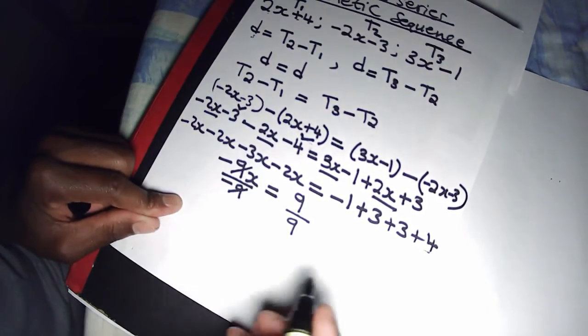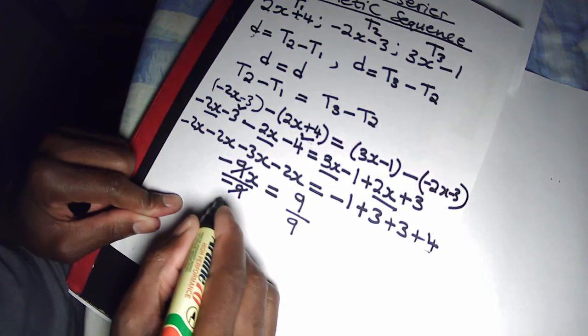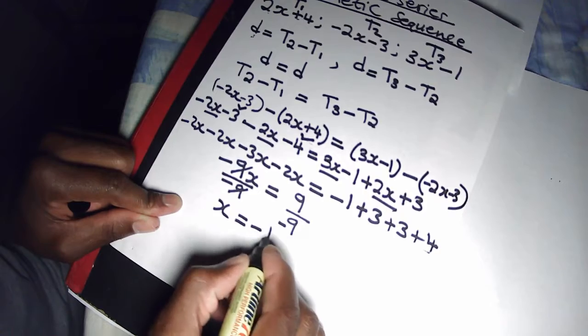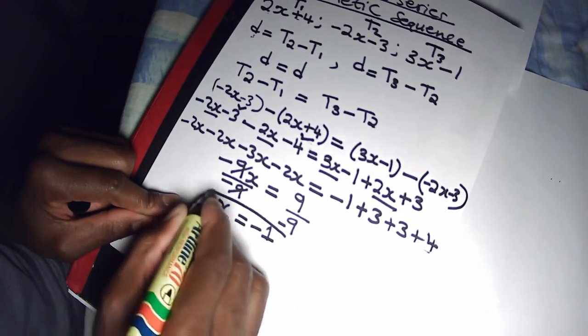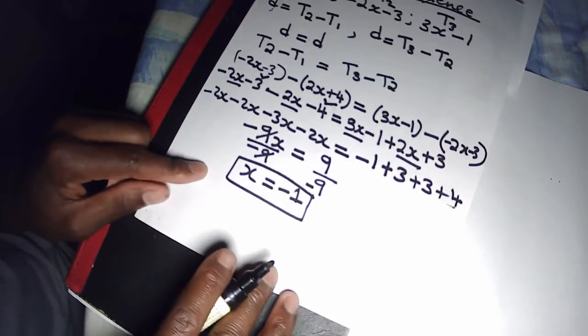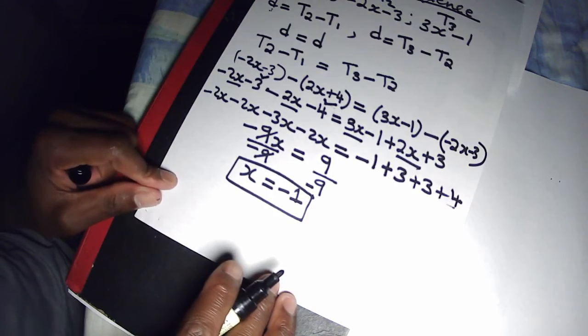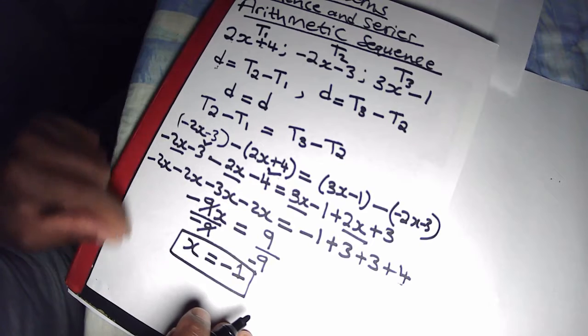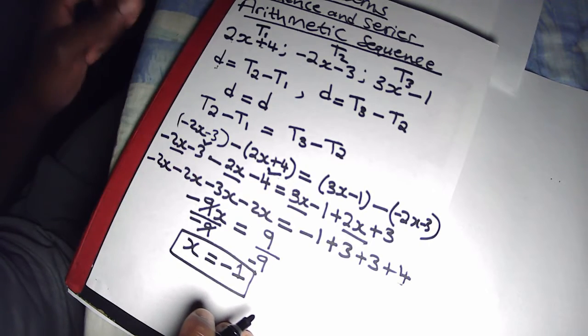Okay, that divides, that is 1x is equal to negative 1. Right, so this is the answer. Okay, so let us try, it's not part of the question, but I want to show you something.